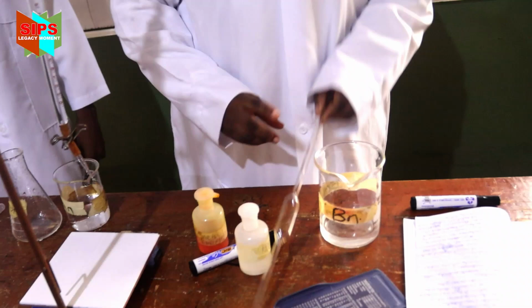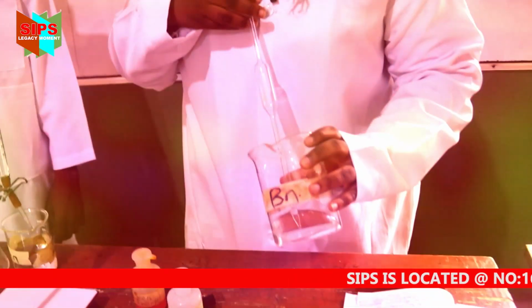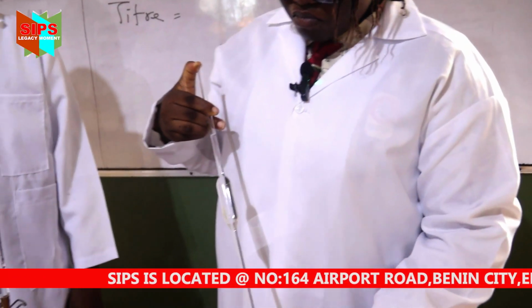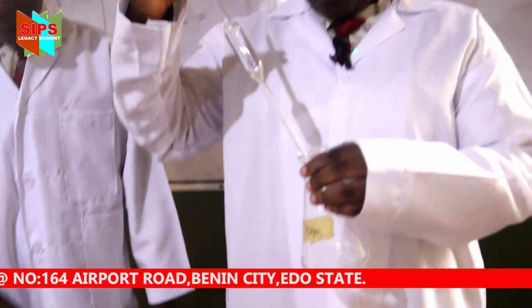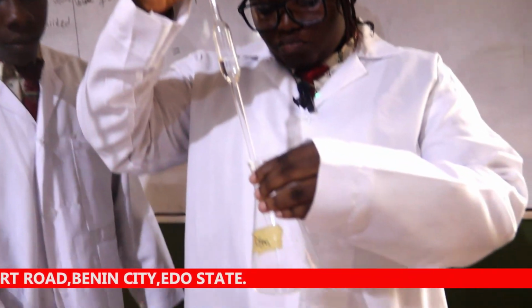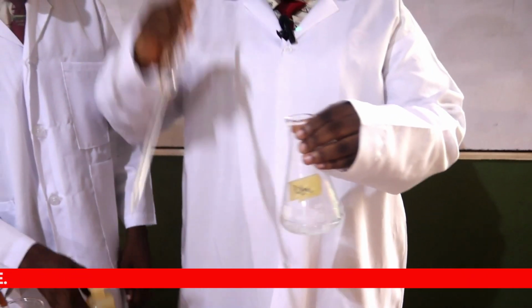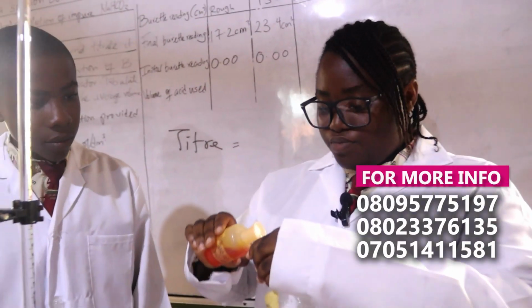Then we proceed again by repeating the base. Then we add our indicator again, 2 to 3 drops.